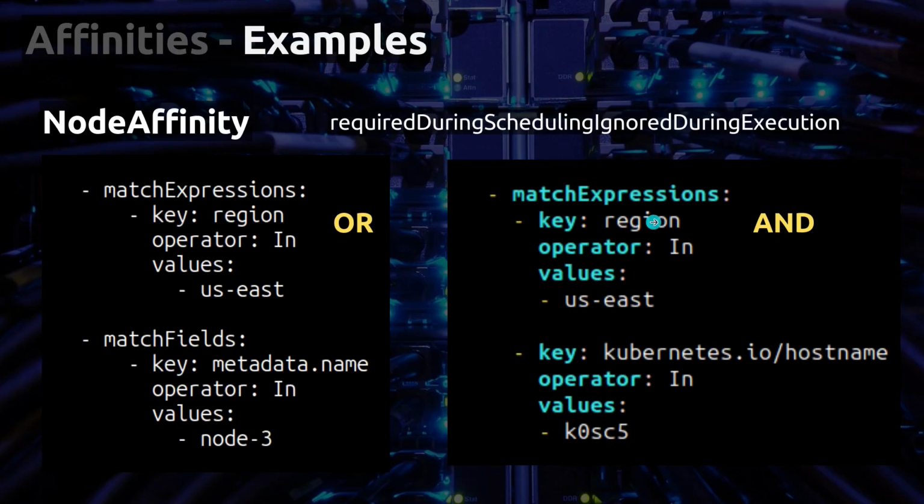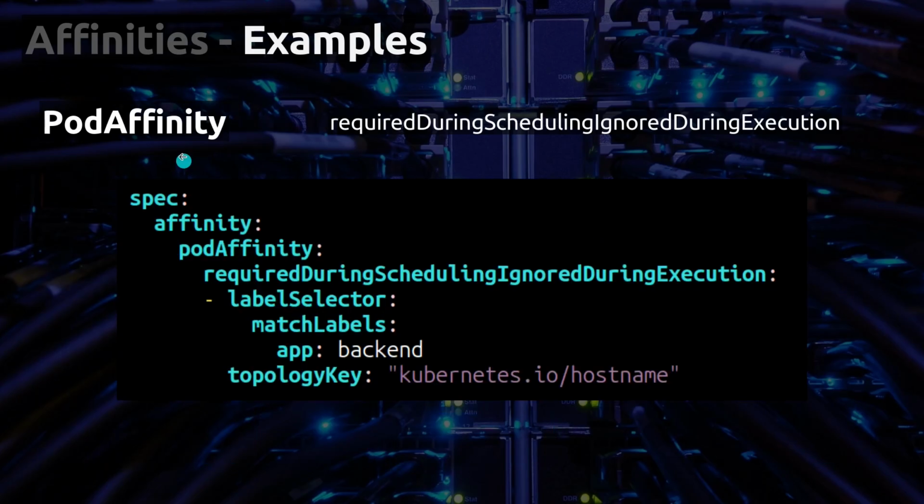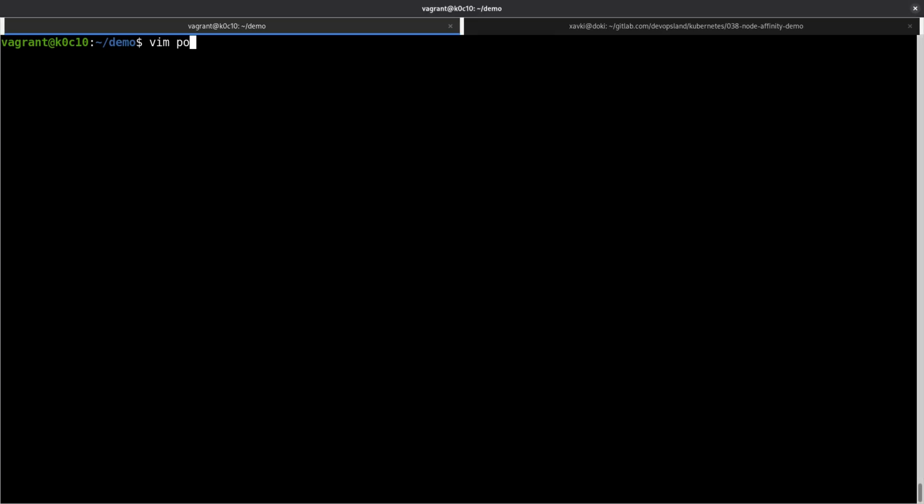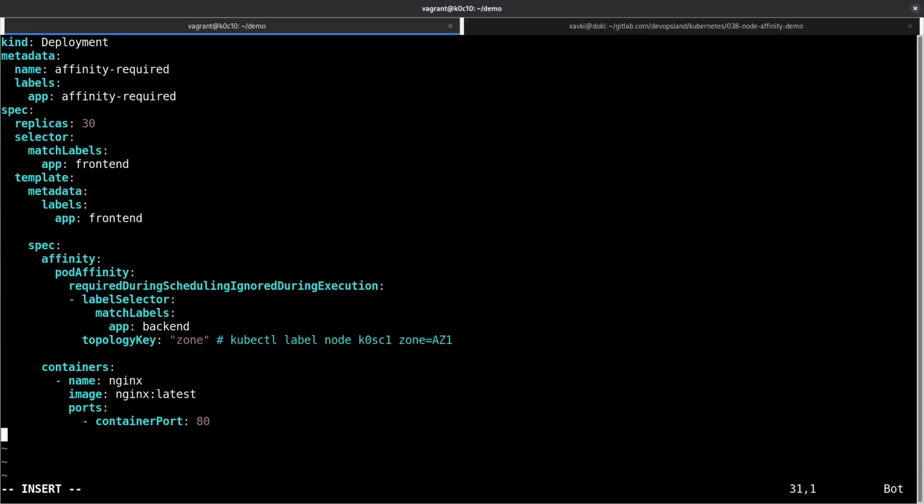For example, we want to keep the front end close to the back end, like here. So how to do that? We want to use the pod affinity, frontend.yml, like that. And yes, I can remove it. It's just a comment.